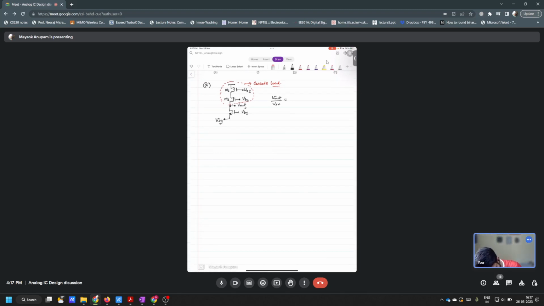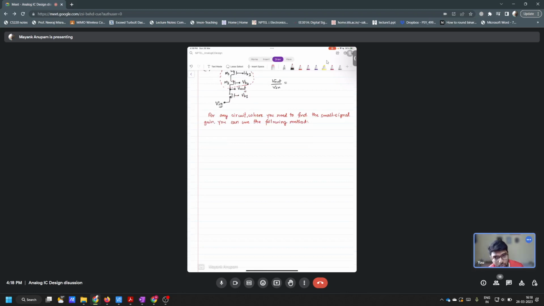So for any circuit where you need to find the small signal gain, you can use the following method. What is it?